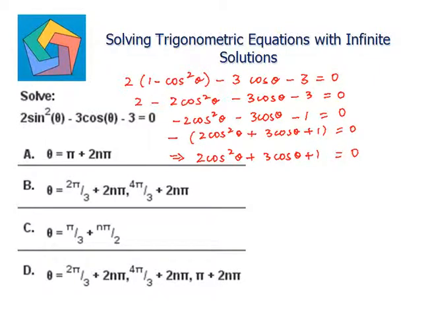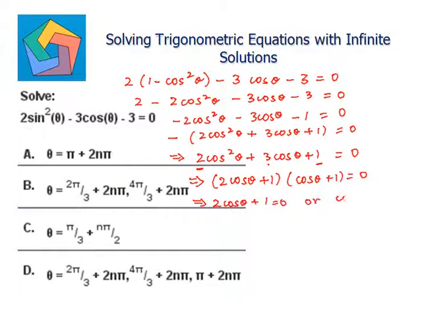Now factorizing this equation, we need the factors of 2 times 1 which add up to 3, which is 2 and 1 only. So we can say 2 cosine theta plus 1 times cosine theta plus 1 is equal to 0. This implies 2 cosine theta plus 1 is 0, or cosine theta plus 1 is 0.